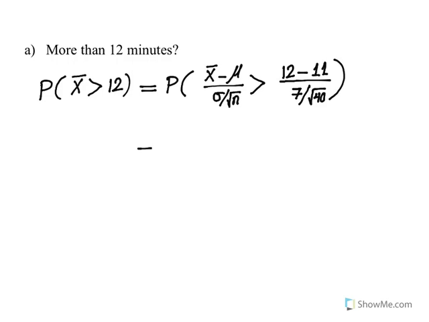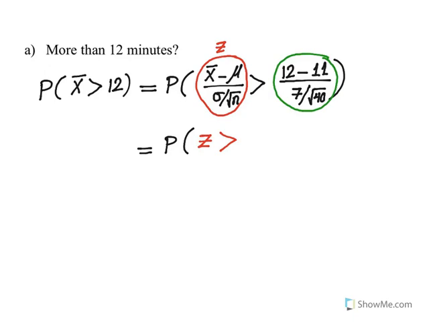So this is the z-score for this distribution. So this will be the probability that z is bigger than, and if you compute this number on your calculator, you should get exactly 0.90. And so you want the probability that the z-score is more than 0.90, or the area to the right.